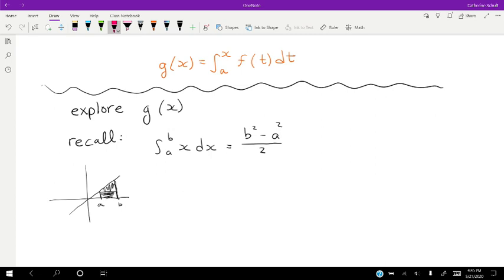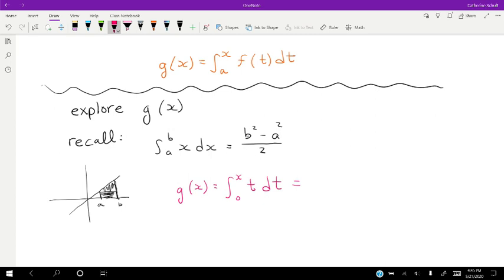So relating that back to our g of x function, let's say our starting point was 0 and b was x. Instead of x dx, it has to be in terms of t, so t dt. That's going to be equal to, let's see, so in this case, x is b and 0 is a.